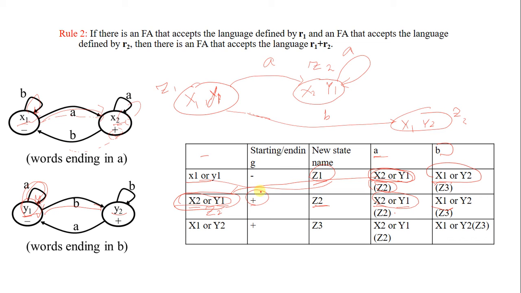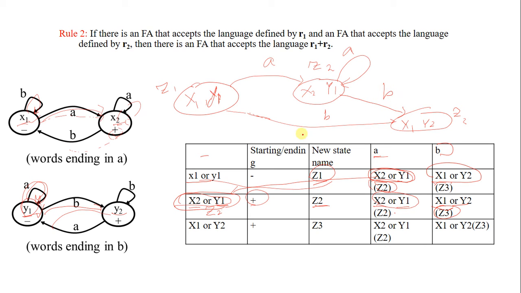And for y1, B will take you to y2. I write y2 here, and this is again z3. So from z2 for letter B, you move to z3.